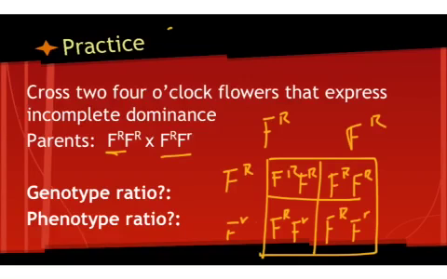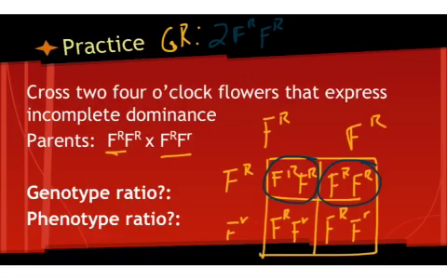Let's do our genotypic ratio. Let's count them here. So there is 1 F big R, F big R, 2 F big R, F big R. Let me change that color. And then we would have 1 F big R, F little r, 1 F big R, F little r. So that's 2 heterozygotes.